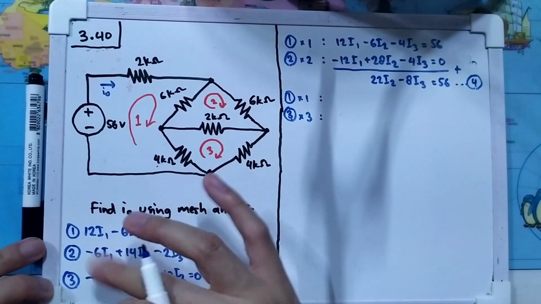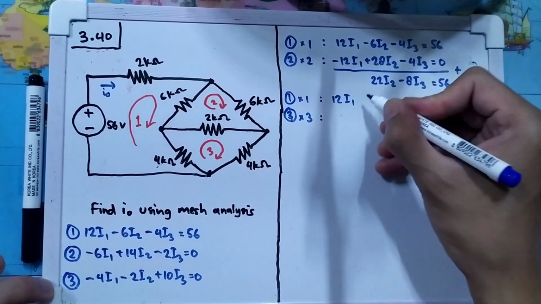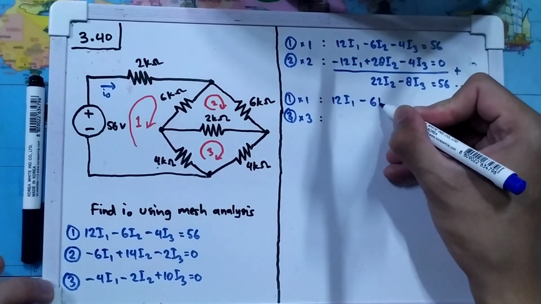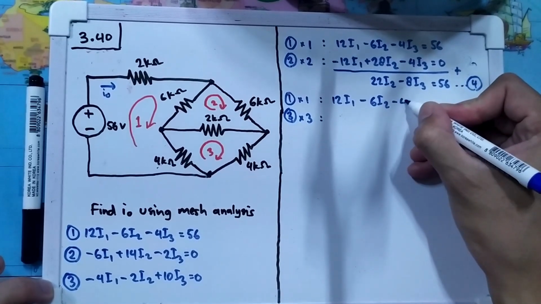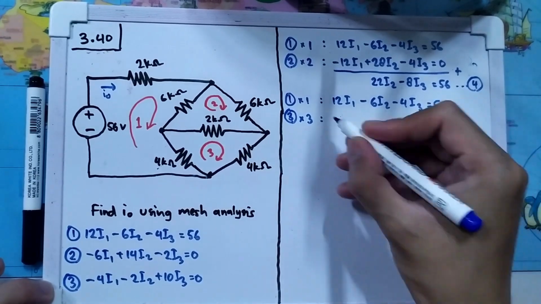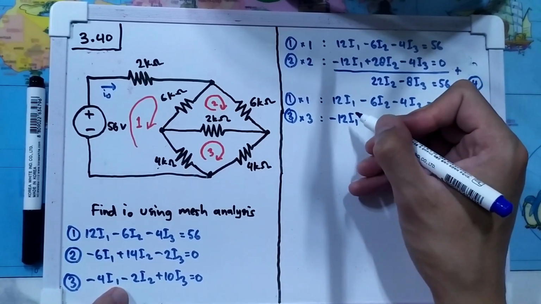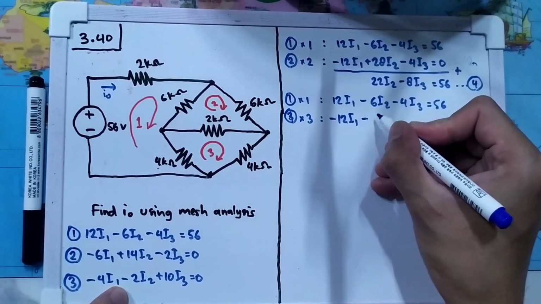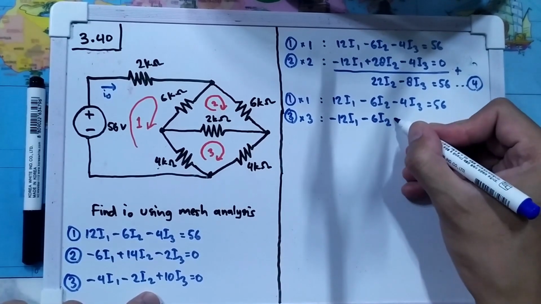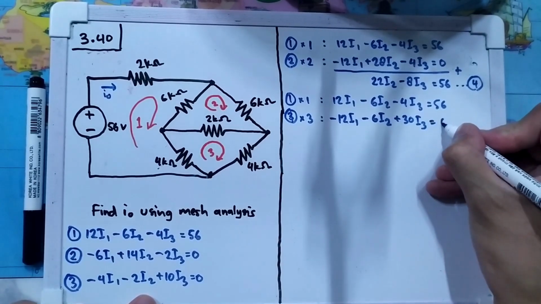So I will eliminate this I1, so I will have 12I1 minus 6I2 minus 4I3, it's equal to 56, and this one is minus 12I1 minus 2 times 3 is minus 6I2 and plus 30I3, and that will equal to 0.